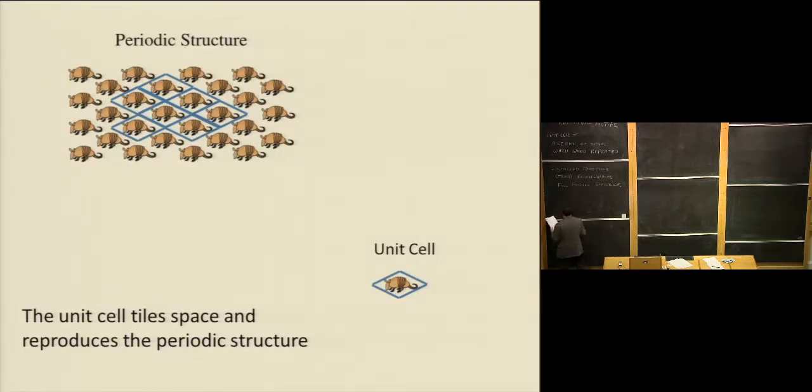Another definition which is useful is a primitive unit cell. A primitive unit cell is a unit cell containing exactly one lattice point.